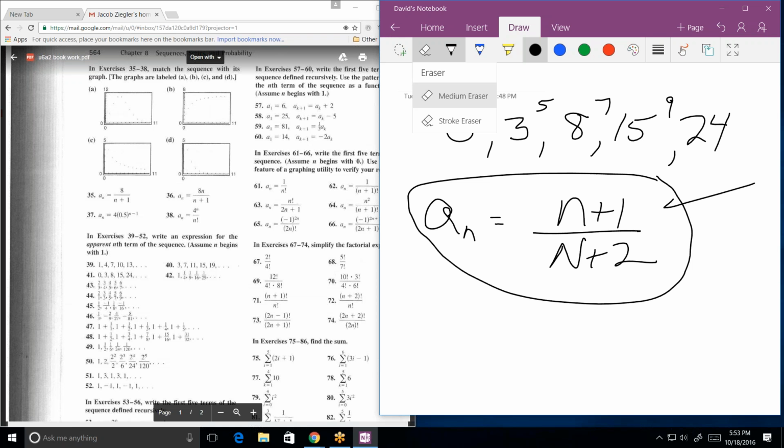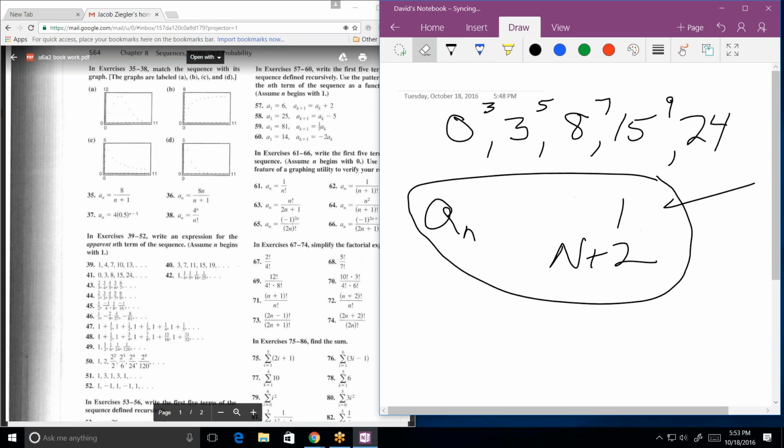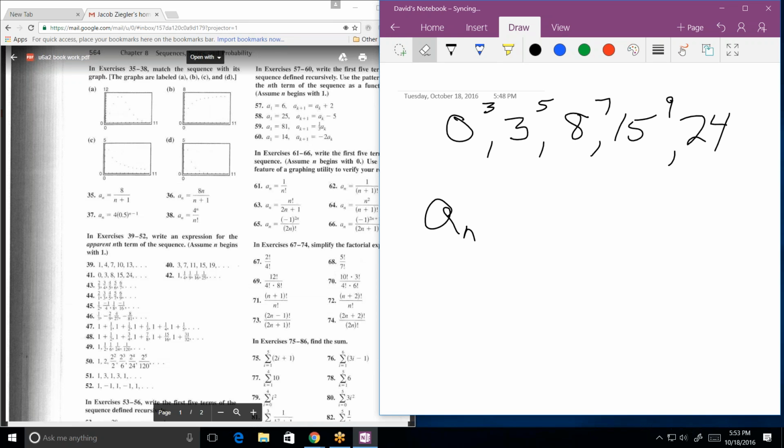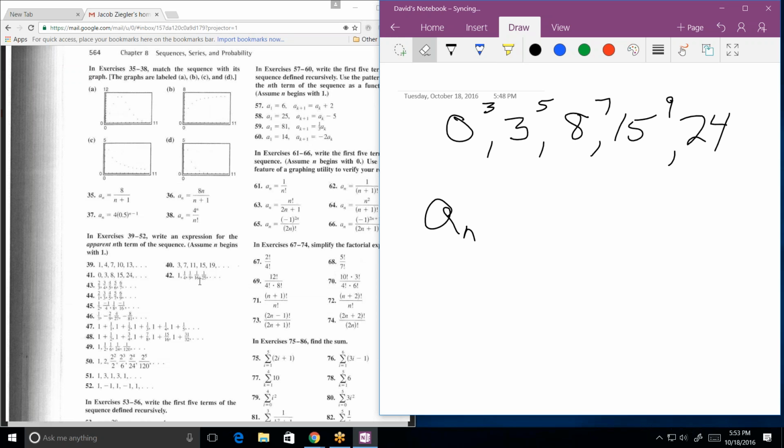Now, let's see if we can figure out some of these other ones. We've only got 7 minutes, so we might as well just focus our efforts on these. Let's look at 42 for a moment. I'm not sure I know how to do 41. I think if I fiddled with it enough, I could figure it out. But I think 42 is going to be a little easier to figure out.